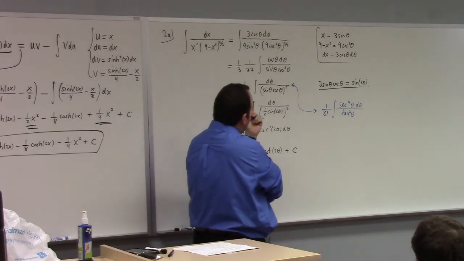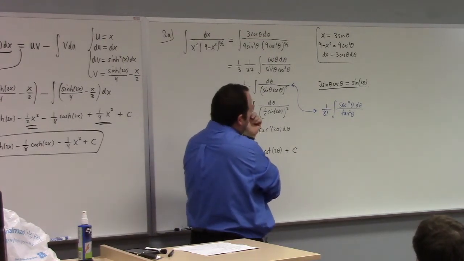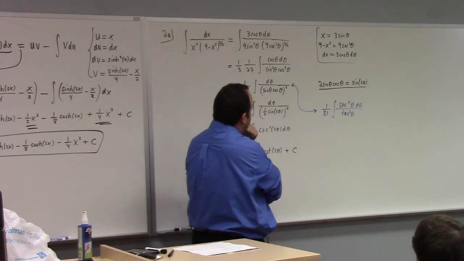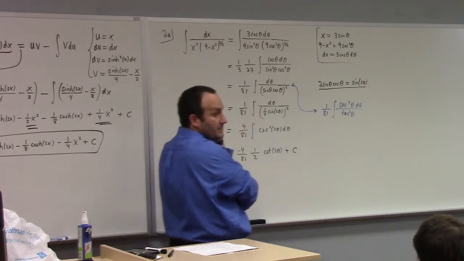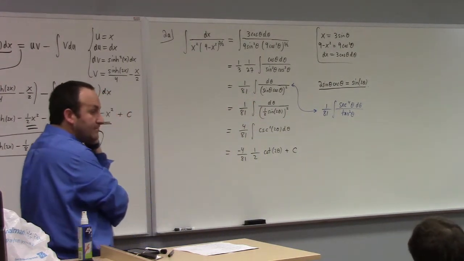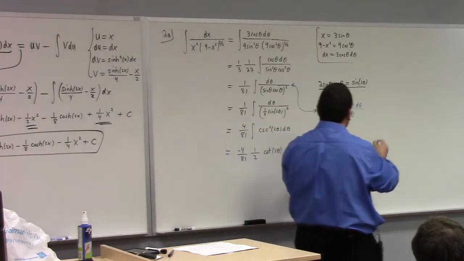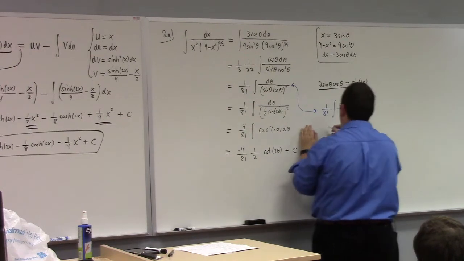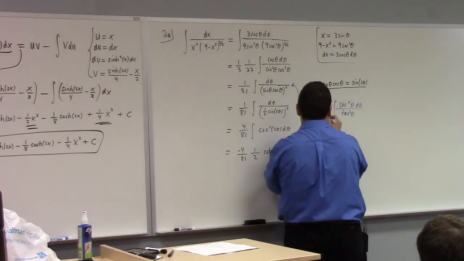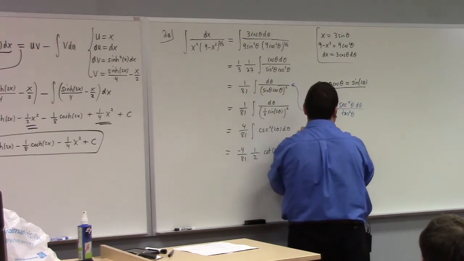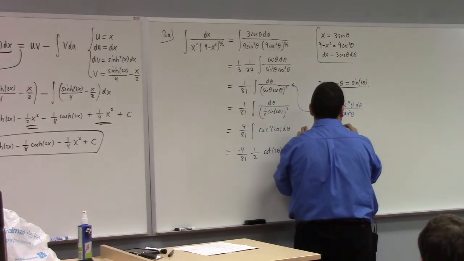So basically dividing the top and the bottom by cosine to the 4th gives that, right? And the reason to do that is what? 1 over 81 integral of, what is secant squared?